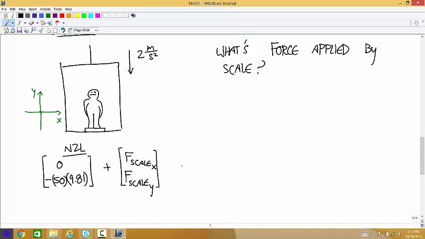And Newton's second law says if you add those up, that's equal to the mass of the chosen object, 50 in this case, times the acceleration of the chosen object. What's the acceleration vector this time? Yeah, 0, negative 2. That acceleration is in the negative y direction.